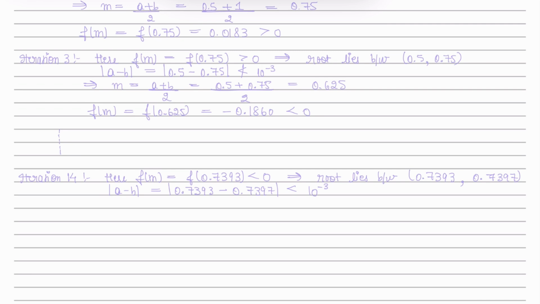So this inequality holds here, which implies that M is equal to a plus b by 2, which is 0.7393 plus 0.7397 divided by 2, equal to 0.7395, is my required root of the given equation f of x is equal to x minus cos x.